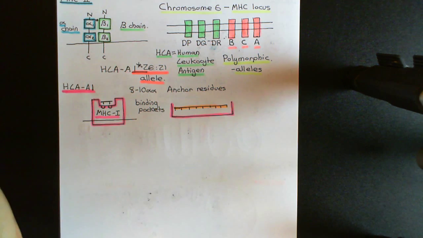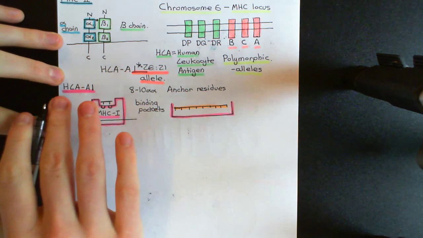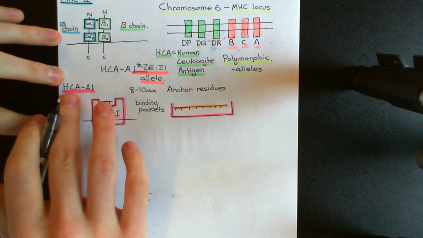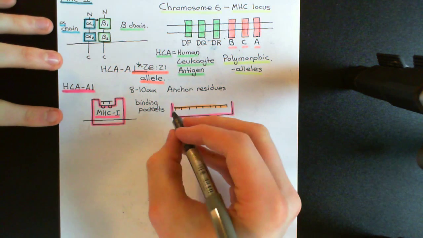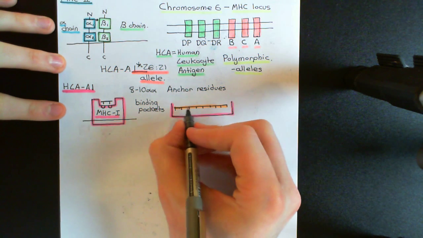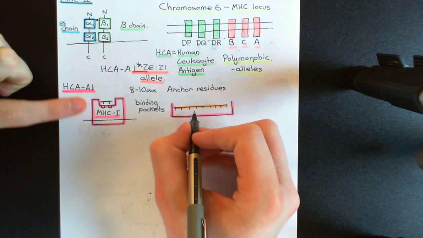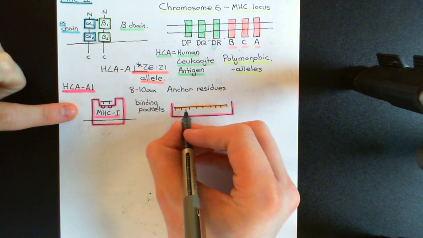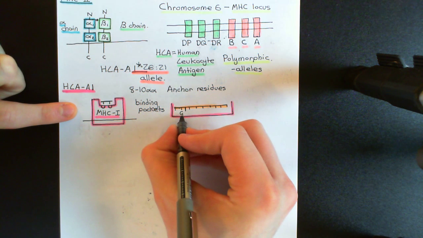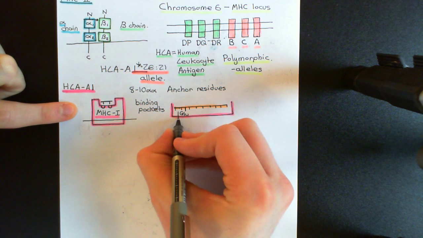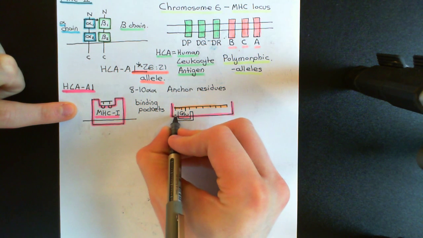So potentially, in order for this peptide to bind here, and I'm just going to make this up, I don't know what the specific anchor residues needed for HLA-A1 are, but I'm just going to make it up to get the concept across. So in order for this peptide to bind in this peptide binding groove of MHC class 1 of this specific type, maybe it needs to have, let's say, a glutamate amino acid residue here to bind in some specific pocket that is here on the peptide binding groove.